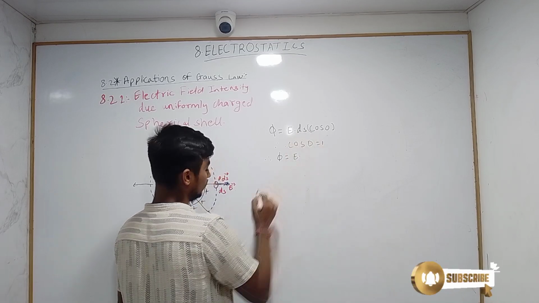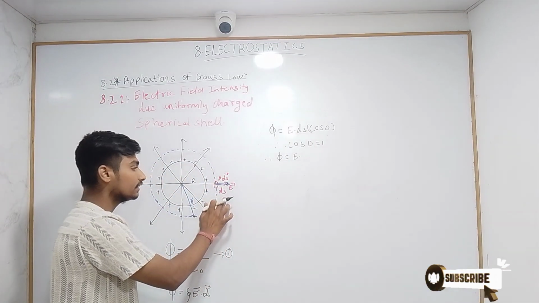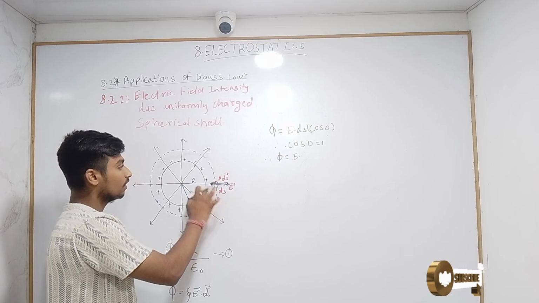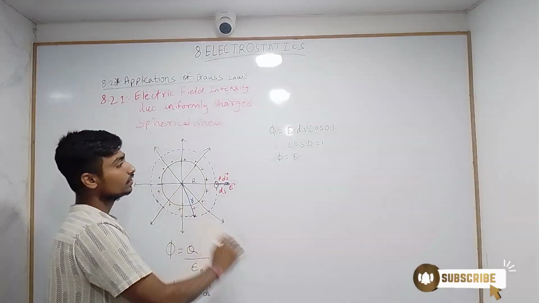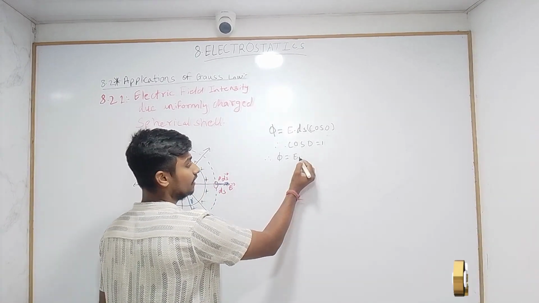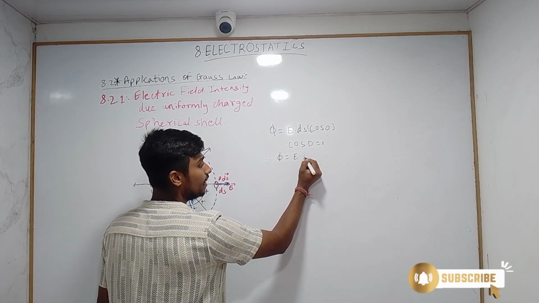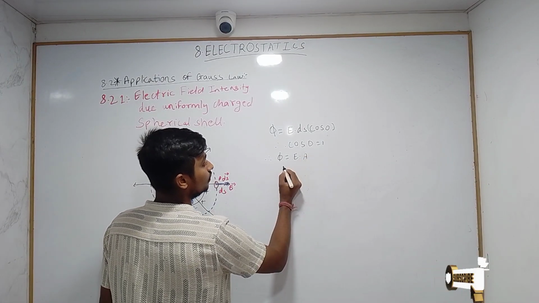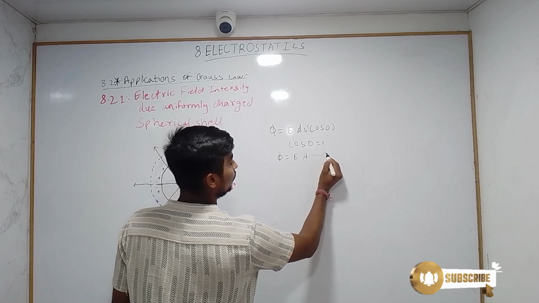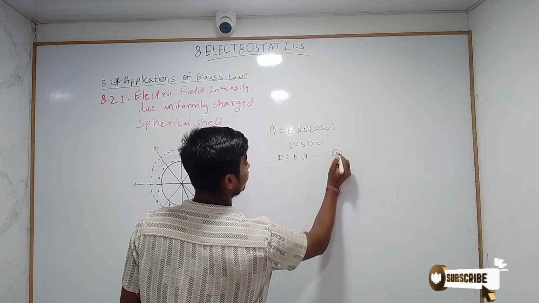So ds represents nothing but just the area of this surface. So what we can write is E into A of our surface. This is our equation number 2.